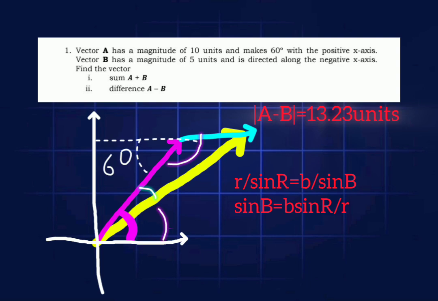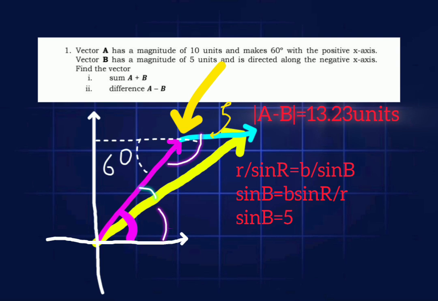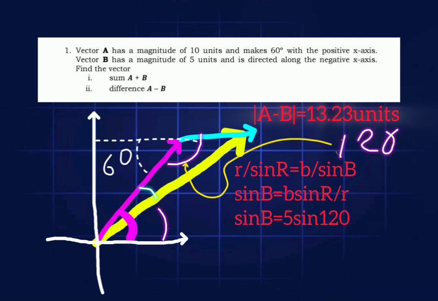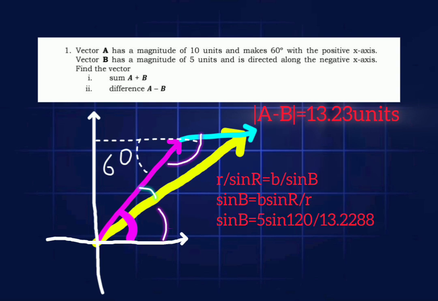Now let's replace the values. B is 5 units. Sine of R, that's sine of 120, over the length of the resultant vector, which is 13.2288, correct to 4 decimal places.